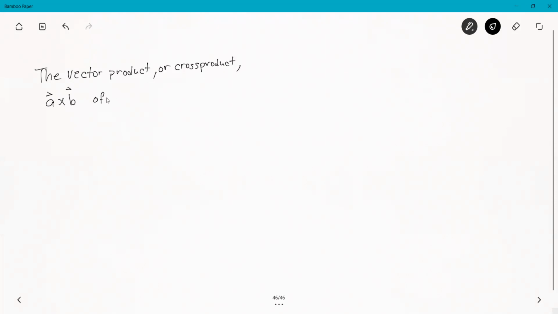So this is of, let's see, my A vector, again, looks like A sub 1, A sub 2, A sub 3. And my B vector is B sub 1, B sub 2, B sub 3. Okay? So this A cross B is going to look like this.